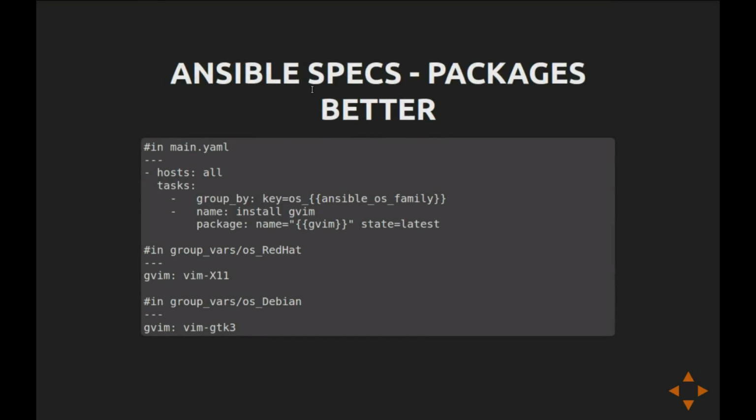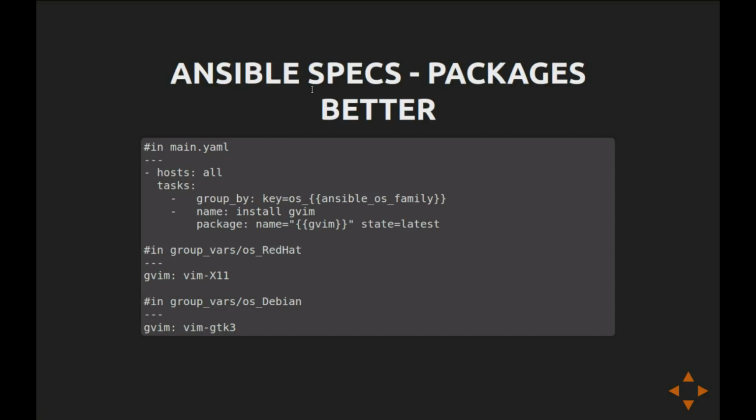So by creating a group vars section here, we can put all of the configuration for the Red Hat hosts in one place. For example, here, whenever we refer to a gvim key, provide x11, vim x11. If we're on Debian, do vim gtk3. And then we can only provide these 3 lines in our actual config file.